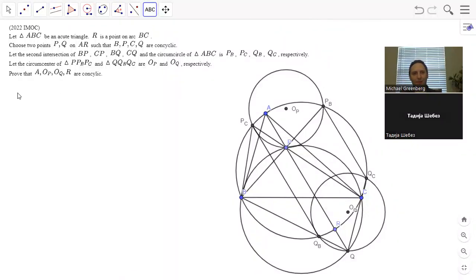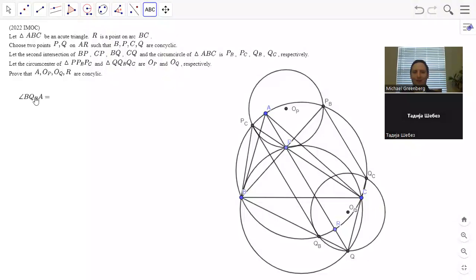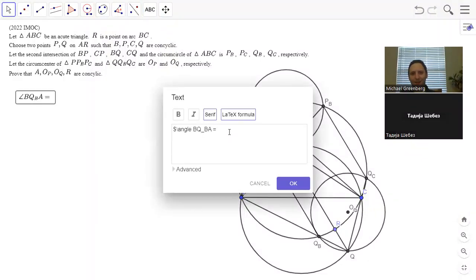So let's see. So angle BQBA. The hardest part of this problem is just writing all the indexes. BQBPC. I'm exaggerating, of course, but yeah.